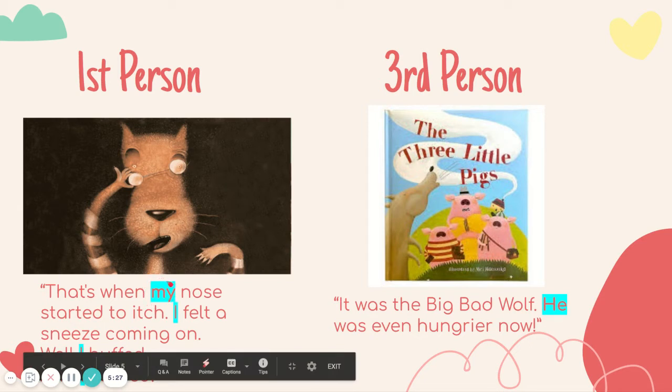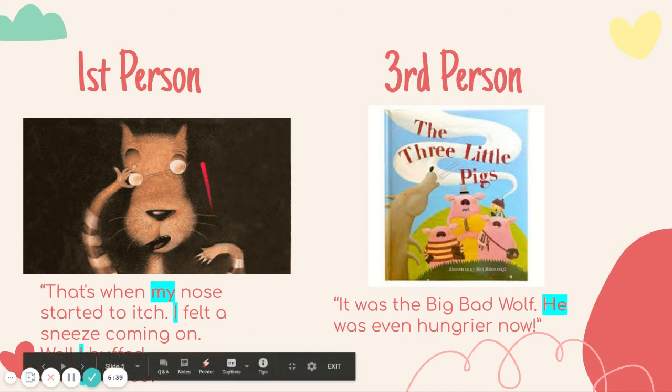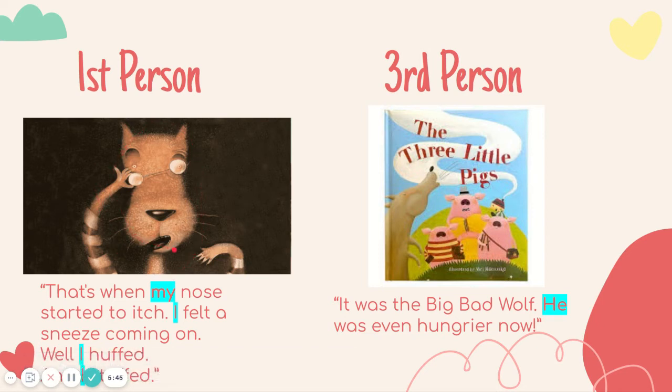I noticed the word my, and I noticed that the narrator says the word I quite a few times. And if you remember when we read this, the wolf is the person telling the story. He's also inside the story, so guess what that tells us? It is written in first person.